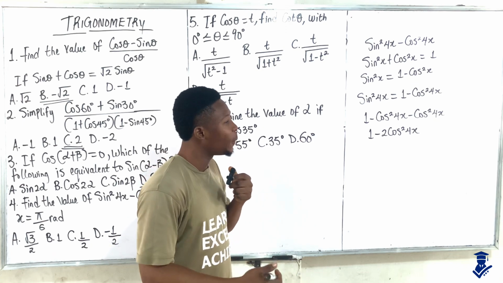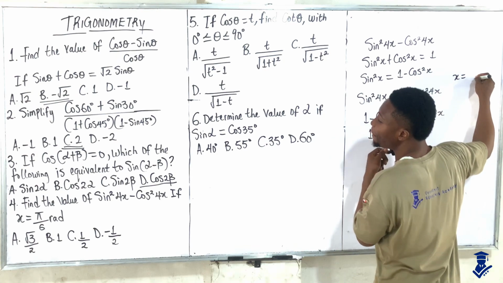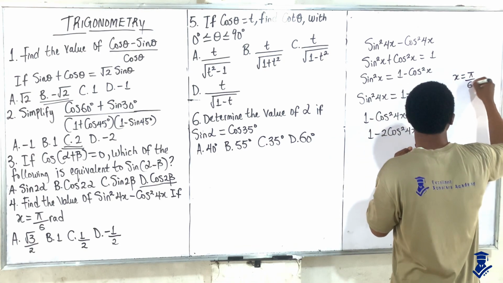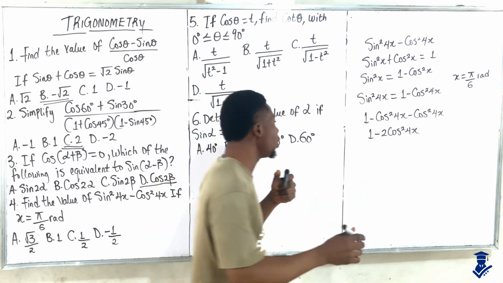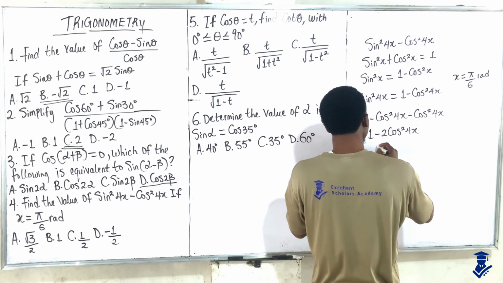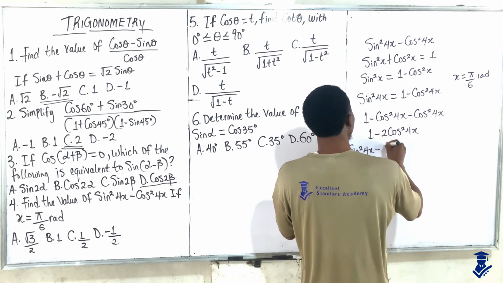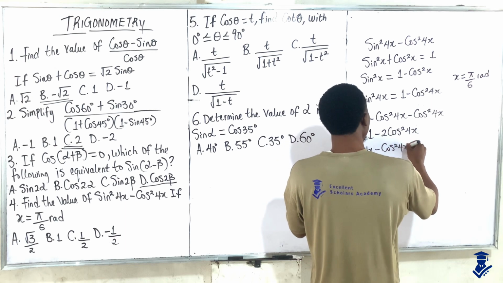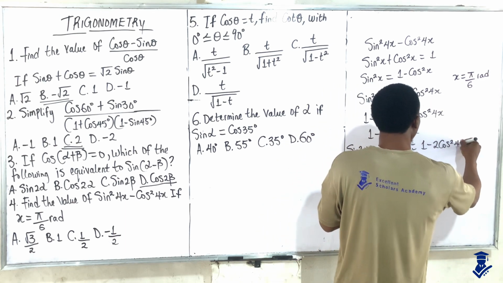All right? Now, we are told that x is equal to pi over 6 rad. So we're going to put this here. Now, sine squared 4x minus cos squared 4x is equal to 1 minus 2 cos squared 4x.